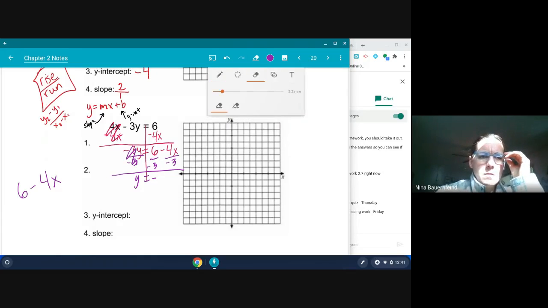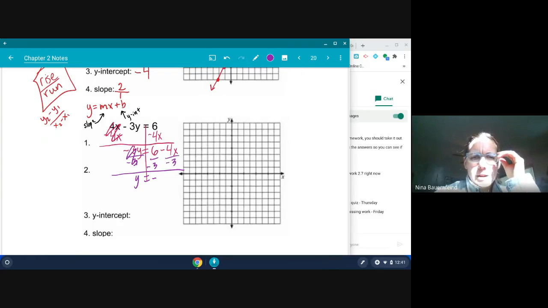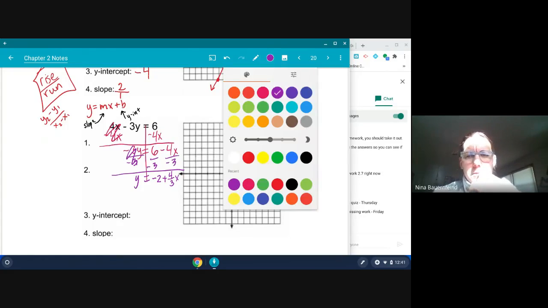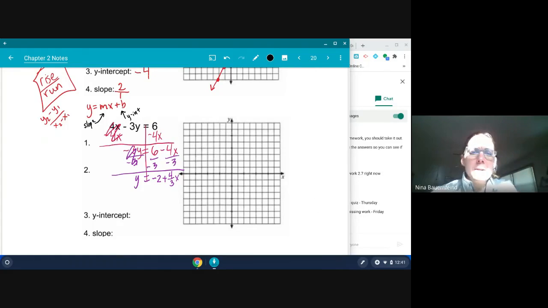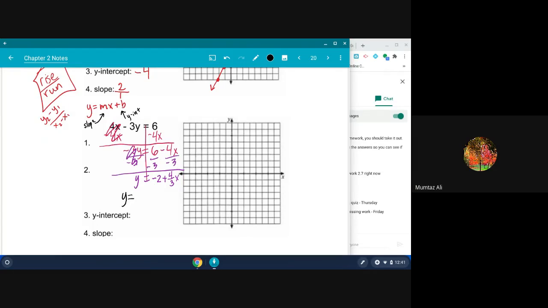So then, just jumping back in, 6 divided by -3 is -2. And then -4 divided by -3 is positive 4/3x. So now, if you want me to rewrite it, it's totally fine. But just tell me, what do I write first? -2.